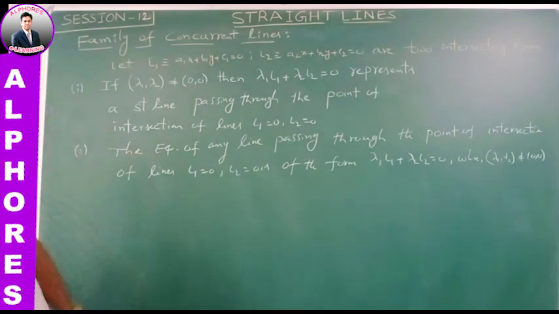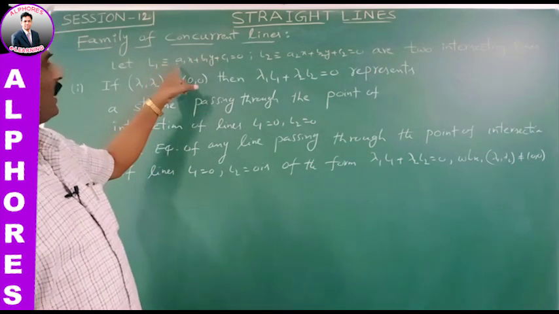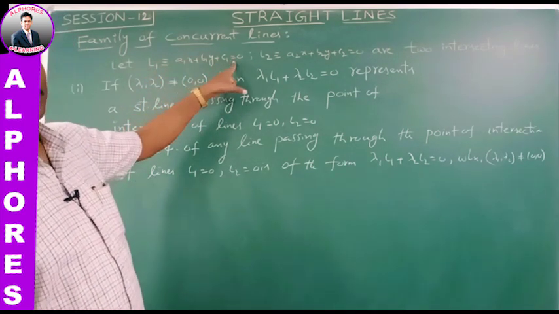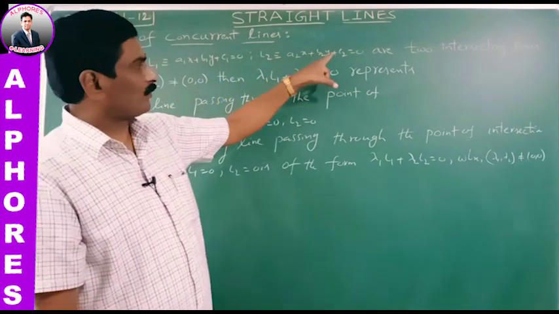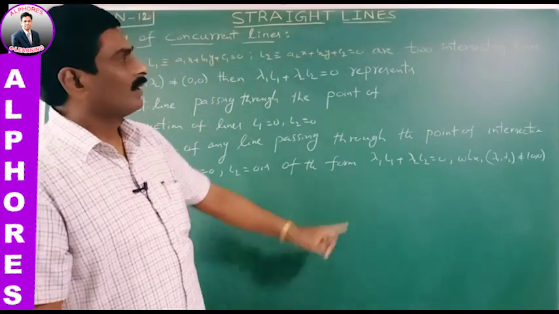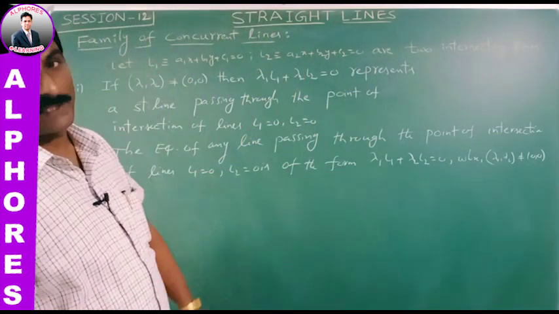The statement: let L1: a1x plus b1y plus c1 is equal to 0, L2: a2x plus b2y plus c2 is equal to 0 be two intersecting lines.